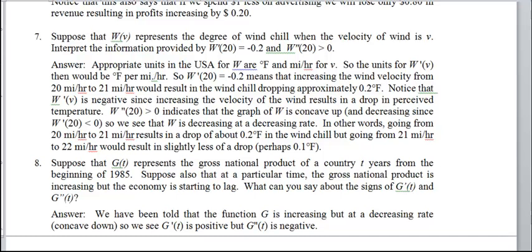So the economy is the G prime of T. When we say the economy is starting to lag, we're saying the rate of growth is decreasing. So the gross national product may be increasing, but not as fast as it was before. That makes G double prime negative and G prime positive.